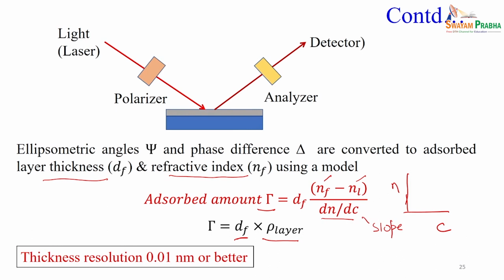And also, as we know the particular size of a particular protein, depending on thickness we can also comment whether this is a monolayer or multilayer adsorption. So, these are the few instrument based methods to analyze the amount of adsorbed protein: the SPR, ellipsometry and QCM.